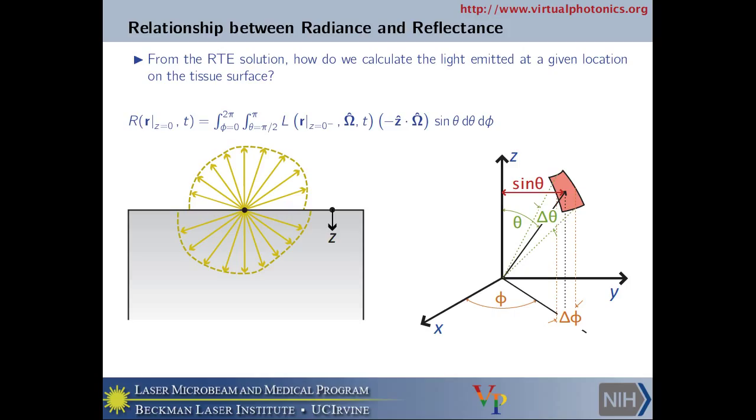It's just a cosine term: z dot omega is a cosine term. Even though you have a huge amount of intensity coming out at an angle, the same intensity coming in normal will contribute a lot more to your signal, because ultimately you have to take the projection onto the unit normal.